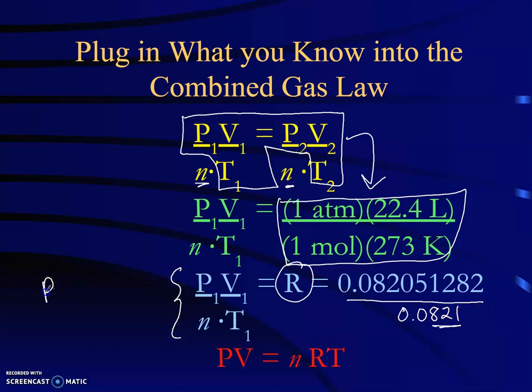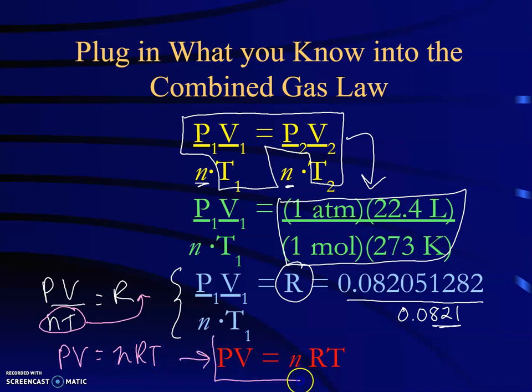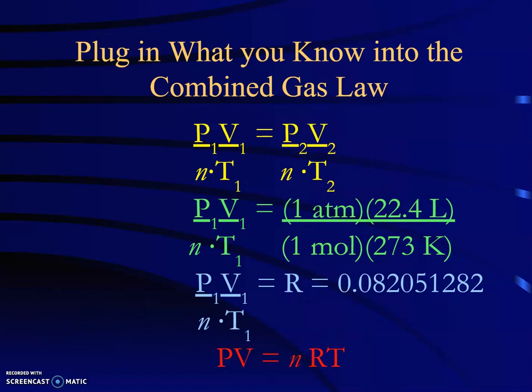And we get PV over nT equals R. That is not a user-friendly version of this, so we are going to take our n and T and multiply them on both sides so that we end up bringing the n and T over here. So we get PV equals nRT. PV equals nRT is our expression for the ideal gas law. It is how it is affectionately referred to by most people.